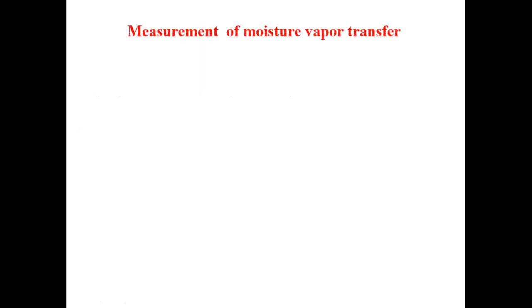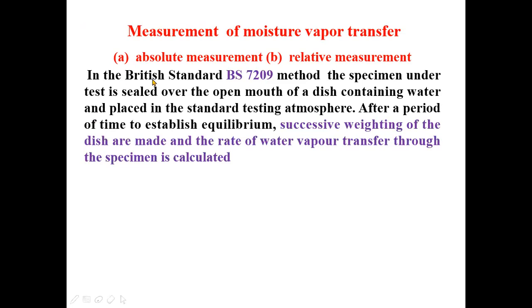Now let us see the measurement of moisture vapor transfer. As I've already told you, there are two different types of measurement. One is the absolute measurement, and second one is the relative measurement. So, what is the meaning of the absolute measurement? Absolute measurement is basically based on the BS 7209 standard, and the specimen under this test is sealed over the open mouth of a dish containing water and placed in the standard testing atmosphere.